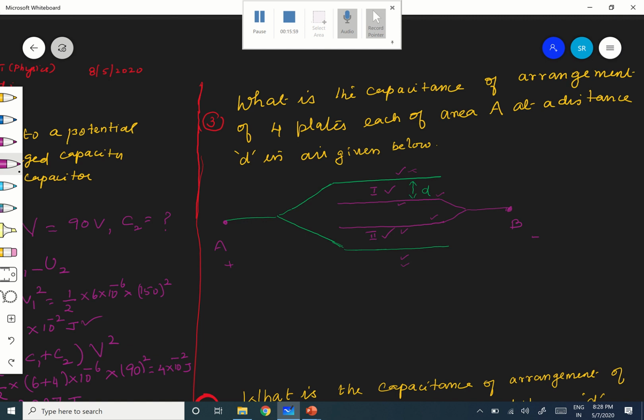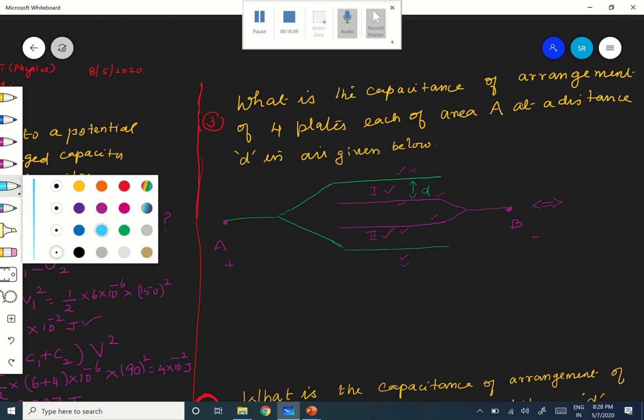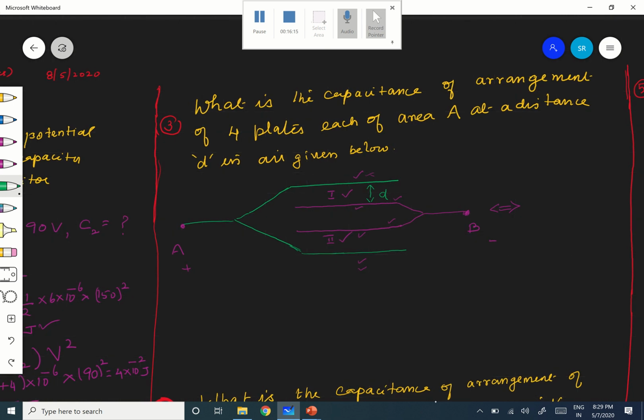Are you following? See, it is equivalent to this circuit.